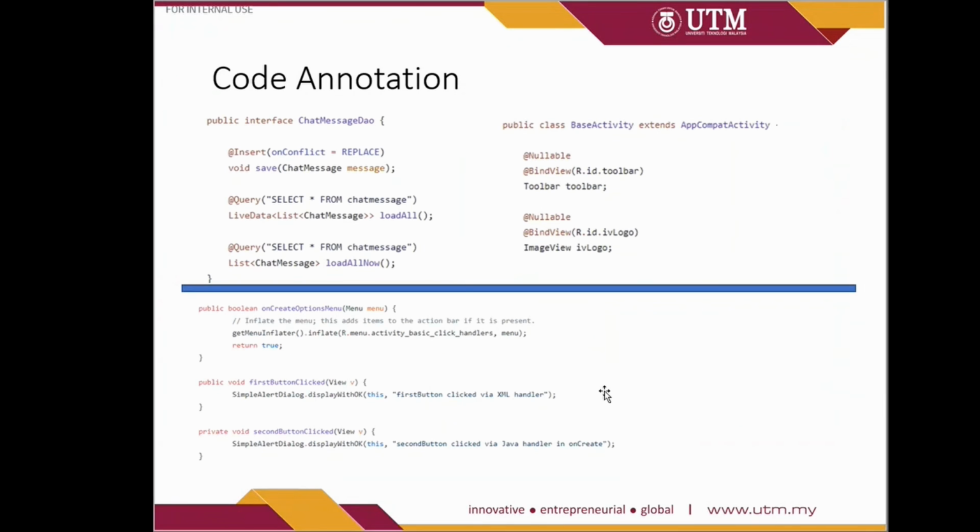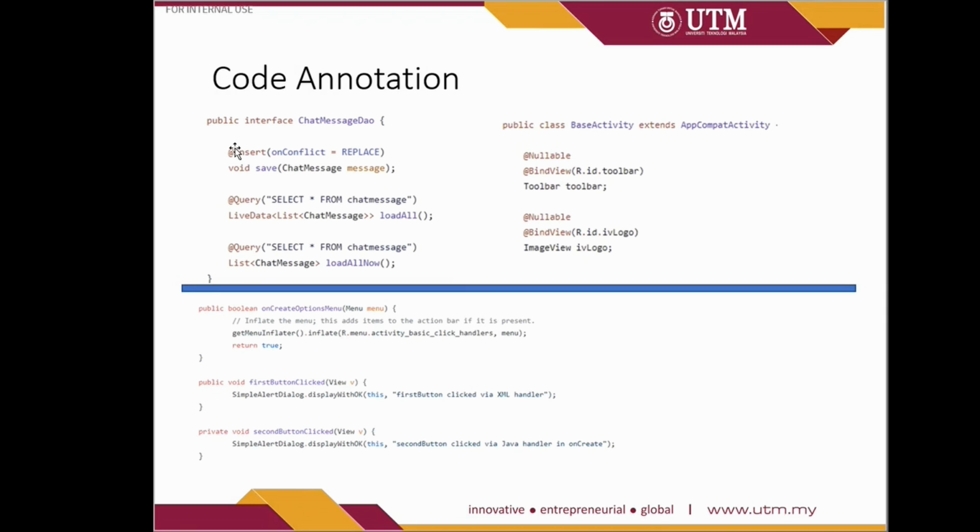Next, let's go to code annotation, where we will present what code annotation is exactly. From the screen here, you can see some Java or maybe Kotlin code. The bottom one, the third one, is the code using code annotation. You can see that it is neater and simpler.